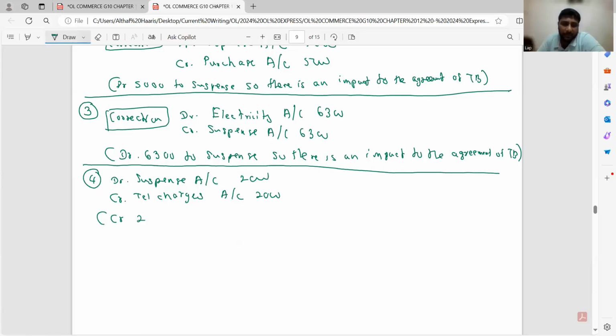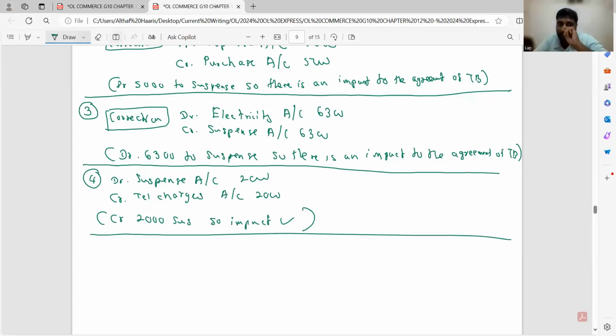Credit 2,000 to suspense. So impact is there. I'll just write it short, you write it properly. Impact to the trial balance is there.